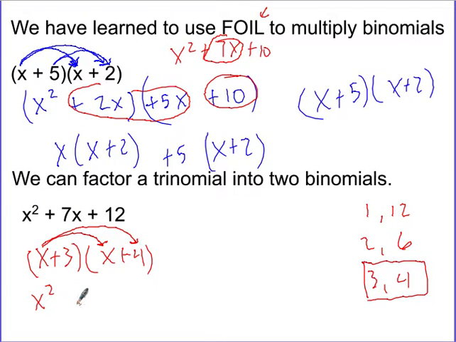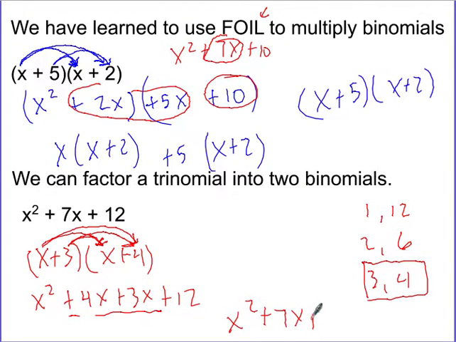Outside terms, x times 4 is plus 4x. 3 times x would be plus 3x. And then 3 times 4 would be plus 12. Combine the two middle terms, so x squared plus 7x plus 12. That takes us right back to the trinomial we started with.